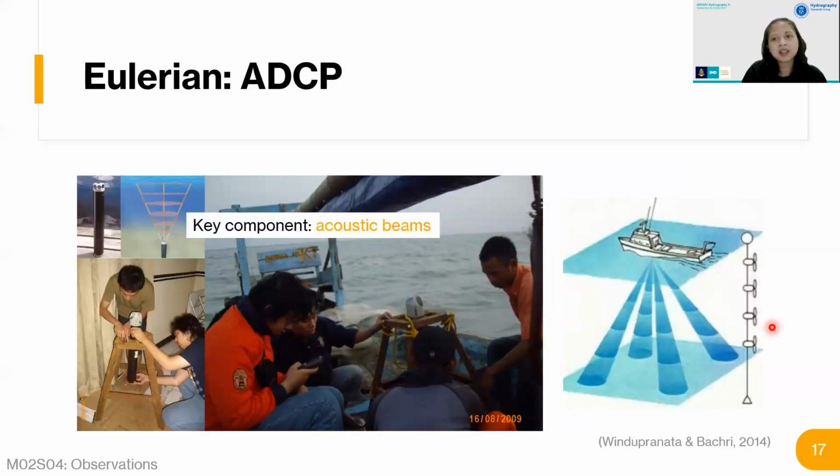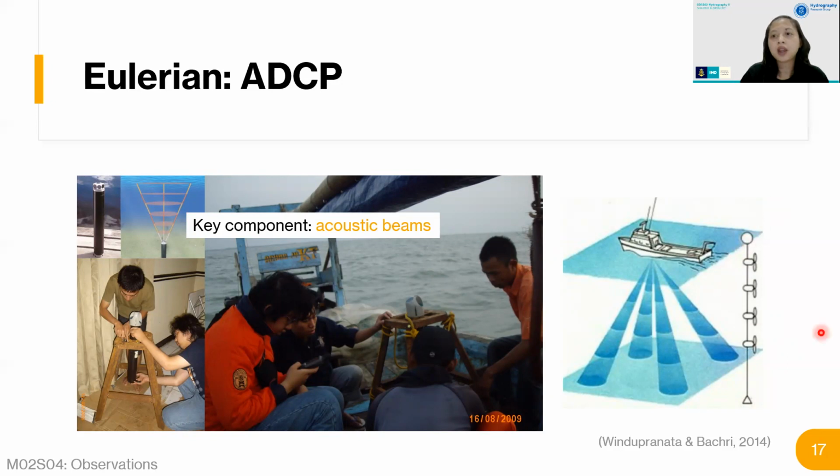And then this is your ADCP. When you're talking about the current meter with a propeller like this, you've got your propeller as your main component, right? But the key component in the ADCP is the acoustic beam. I think you have learned about acoustic beams in the last hydrography class, which is Hydro 1.